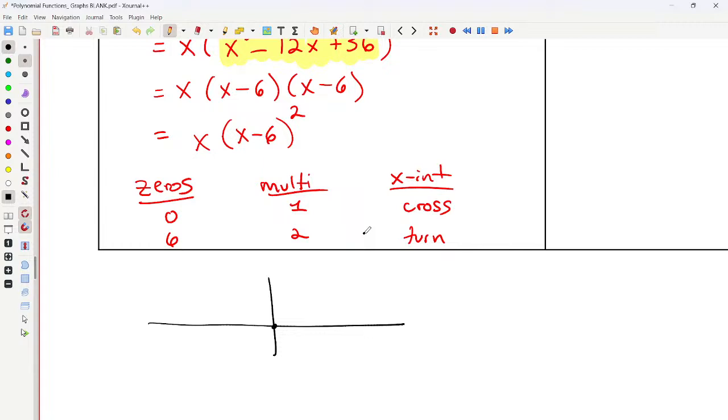So I have to cross here. I'm going to start this way, and I'm going to come up to 6. Turn back around. And that's a quick sketch of it. That's all I want you to do. Recognize it can be tedious and annoying to draw, but there is a quick sketch of this polynomial graph.